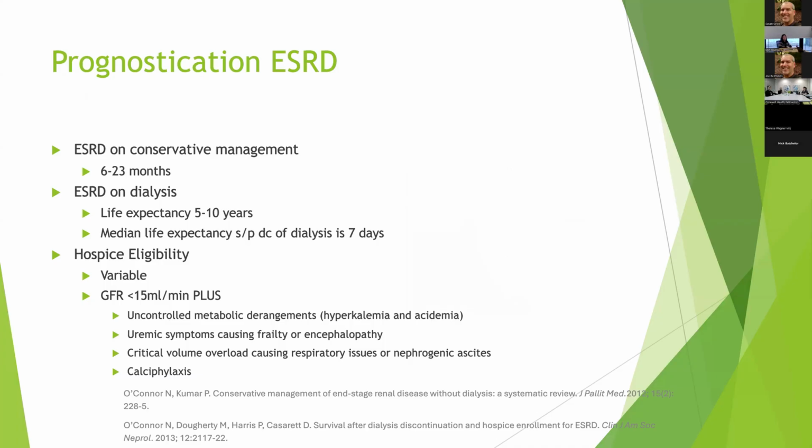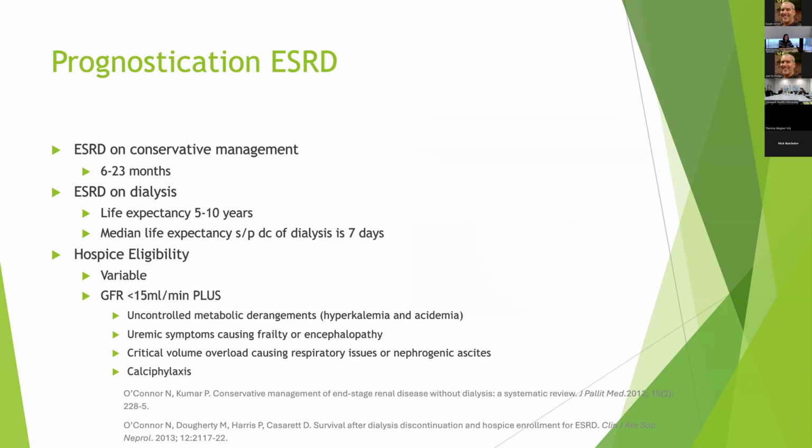It's always good to refresh on how we prognosticate end-stage renal disease. Conservative management, meaning no dialysis interventions, you could have anywhere from a 6 to 23 month average life expectancy.